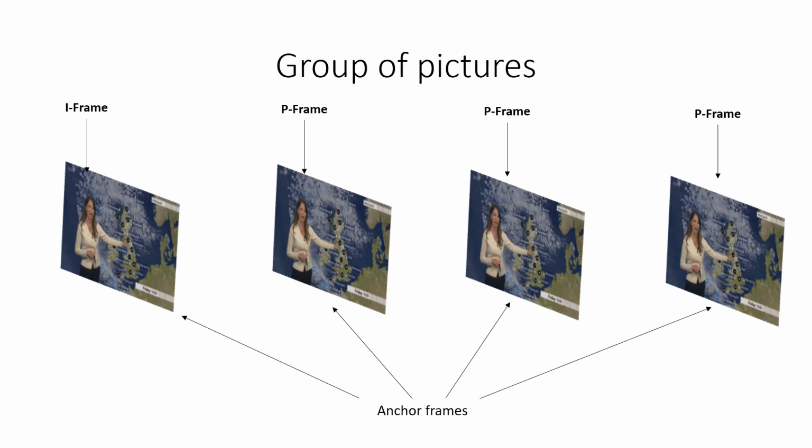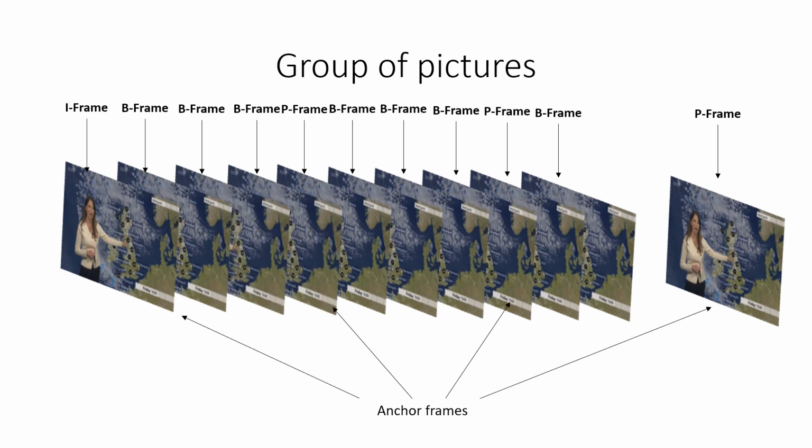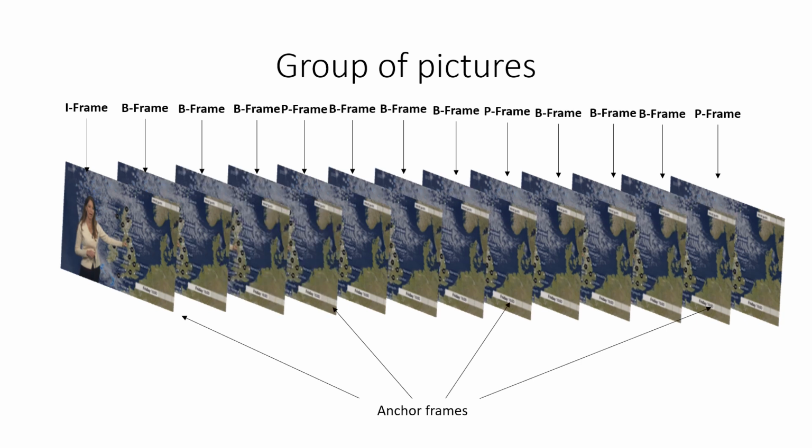Iframes and P-frames are categorized as anchor frames, and these are used as references to create more frames. Additional frames called bidirectional frames or B-frames are then generated by referring to the preceding and subsequent anchor frames. The next group of pictures again starts with an iframe and so on.